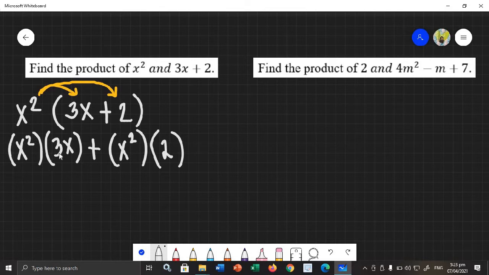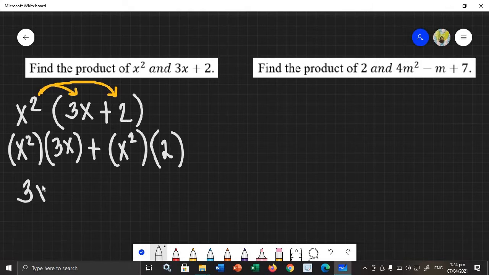X squared times 3x, you need to apply the product rule sa law of integers. So, ang numerical coefficient ni x squared ay 1. Kung multiply natin si 1 kay 3, the answer is 3. X squared times x, they have the same base. So, i-add natin yung exponent nila. 2 plus 1, that is equal to 3.